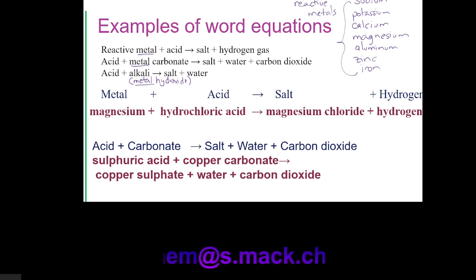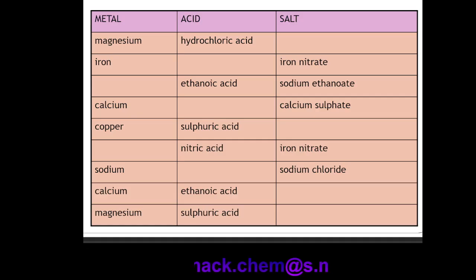These are two simple examples which you're going to take down into your notebook, and we're going to go on to look at a few more. Here I have a table which shows the reactions between a metal and an acid, and this table is constructed in such a way that it's just meant to give you practice in naming of salts.